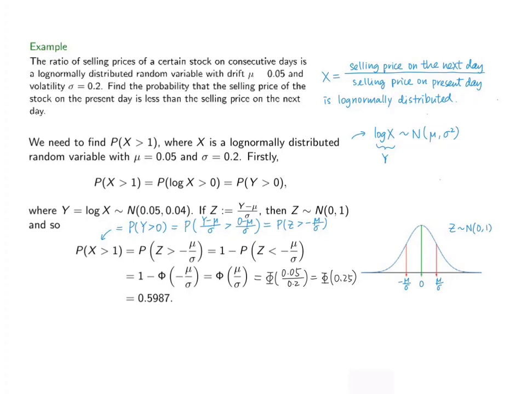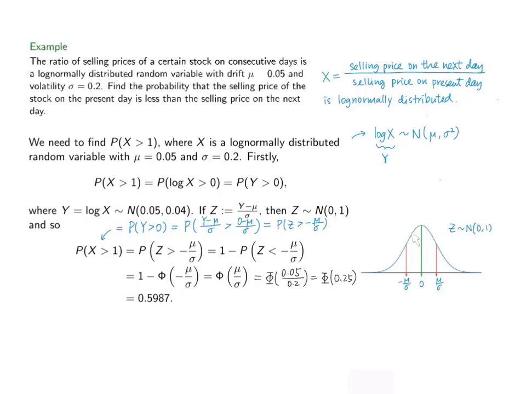We can relate Y with the standard normal random variable Z using this formula. Then the probability that Y is greater than 0 is the same as the probability that Z is greater than negative mu over sigma.